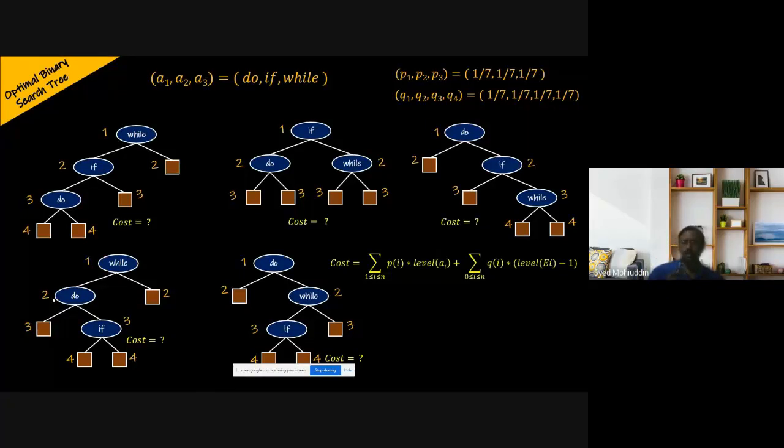Now applying the cost formula which we have seen earlier, the cost is equal to the summation of the probability of successful search multiplied by its level, plus the summation of the probability of unsuccessful search multiplied by the level of the node minus 1.